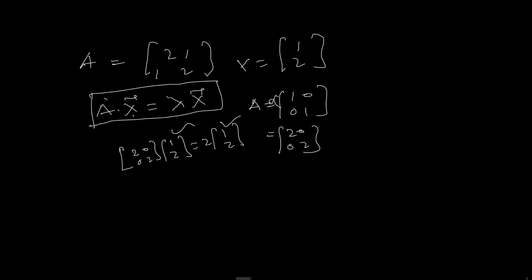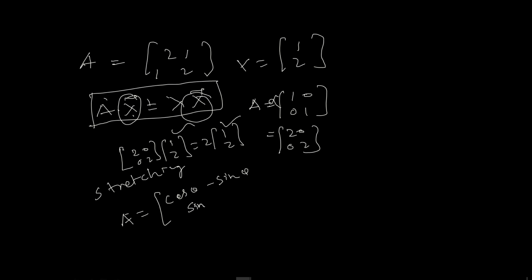Can I perform something else? Yes, we can. If you want to rotate, the matrix is cos theta, minus sin theta, sin theta and cos theta. Let us assume theta equals 90. It will rotate a vector like 1 2 by 90 degrees. What is the value now? Cos 90 is 0, so we get 0 minus 1, 1 0.